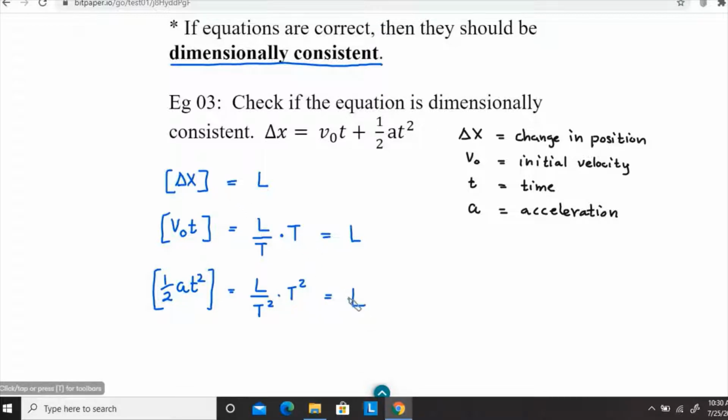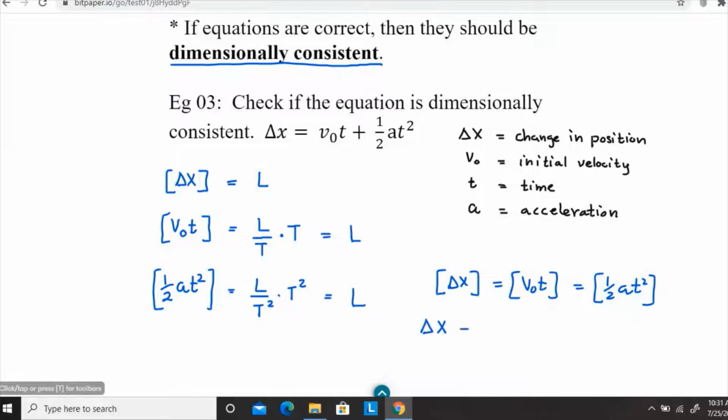So all three terms have the same dimension. We say the dimensions of delta x is equal to the dimensions of v naught t, which is equal to the dimensions of 1/2 a t squared. We don't consider dimensions of a constant, okay? This tells us that the equation is dimensionally correct.